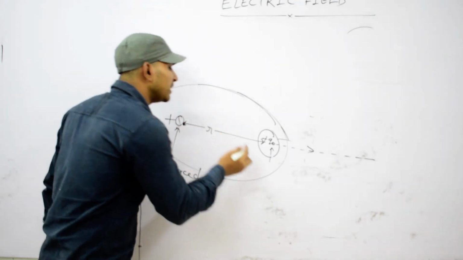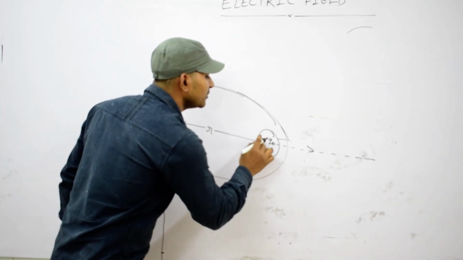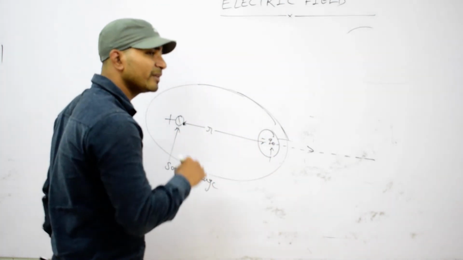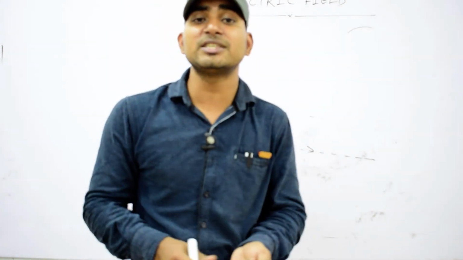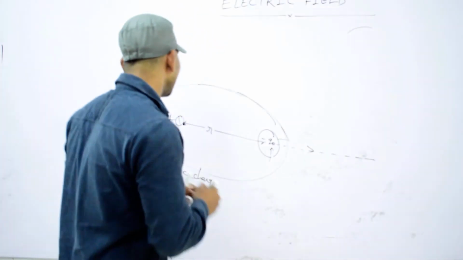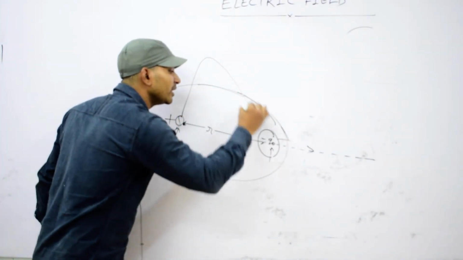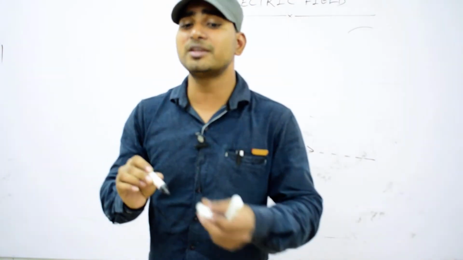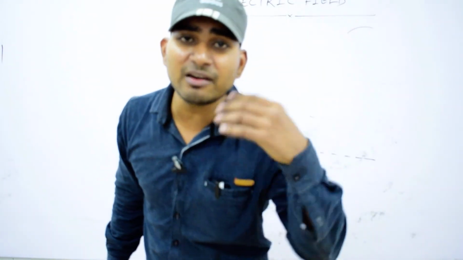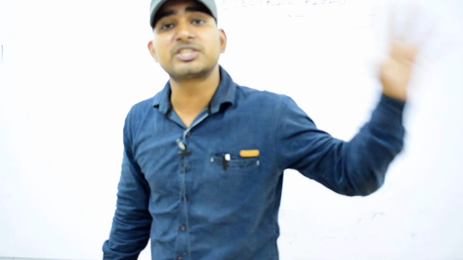In place of this plus Q, let's suppose I use minus Q, then what will the scenario be? Here there are two opposite charges, and as we know, opposite charges always attract, so the source charge will create an effect on the test charge. Always remember, whatever the result is, it will be for the test charge.